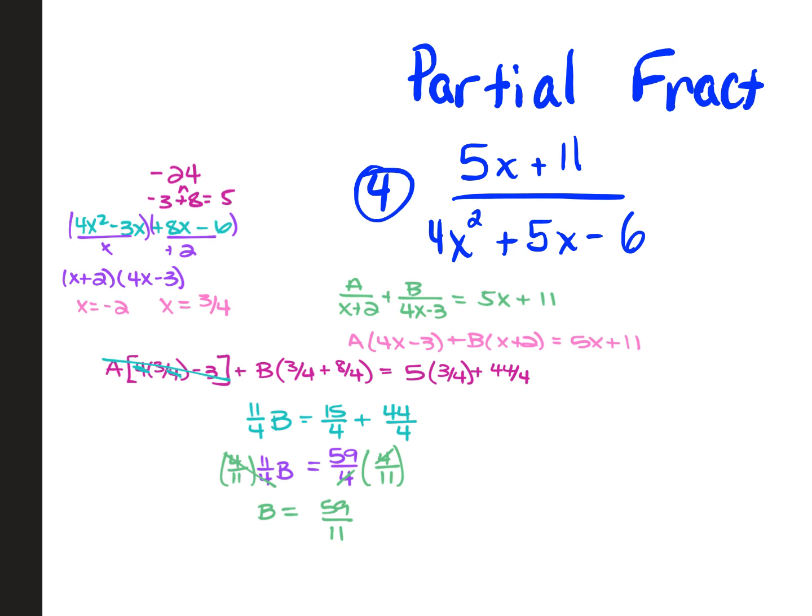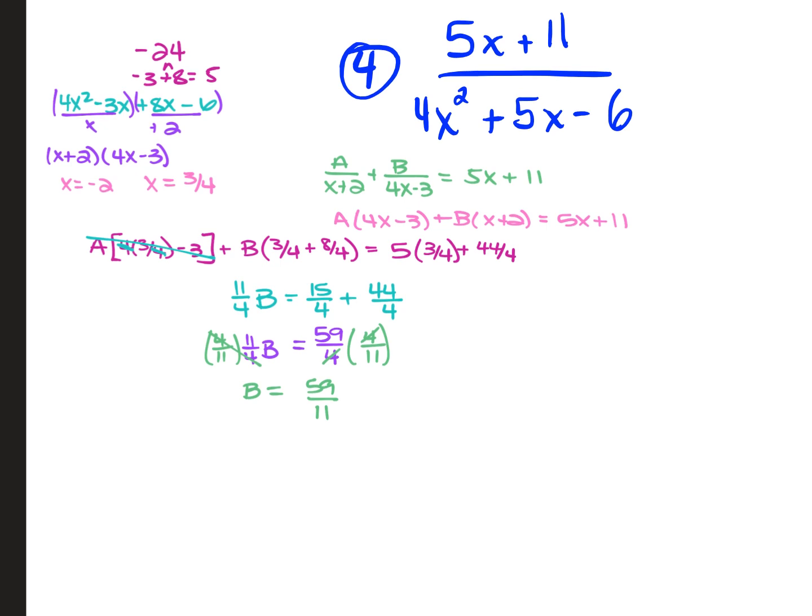You still need to find A. Use that when x is equal to negative 2, though. When x is equal to negative 2, you're going to have A times (4 times negative 2 minus 3) plus B times (negative 2 plus 2) is equal to 5 times negative 2 plus 11.